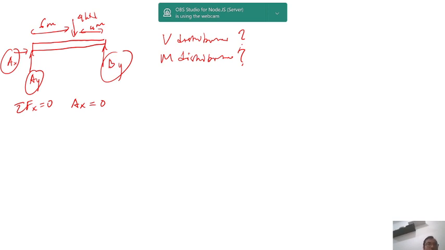And using sigma moment at A equal to 0, what you will get will be 6 meter multiplied by 4 kilonewton, minus By multiplied by 10, equal to 0. And we can find the value of By. The value of By will be 2.4 kilonewton.